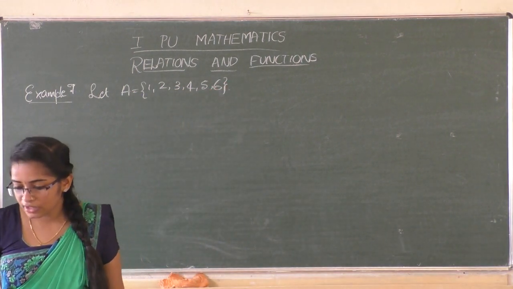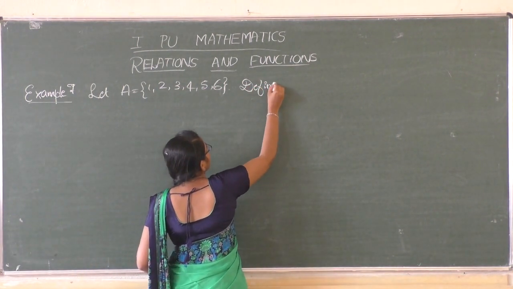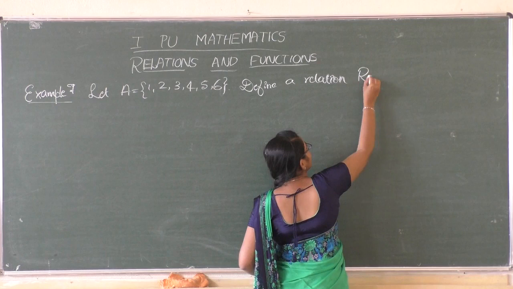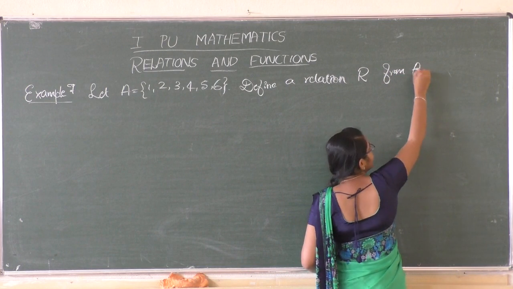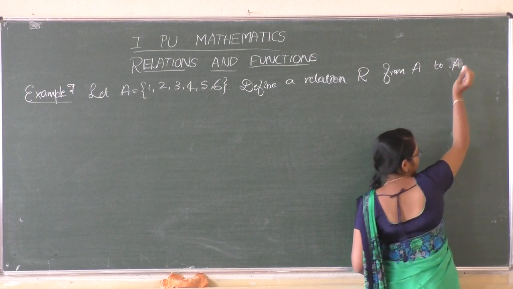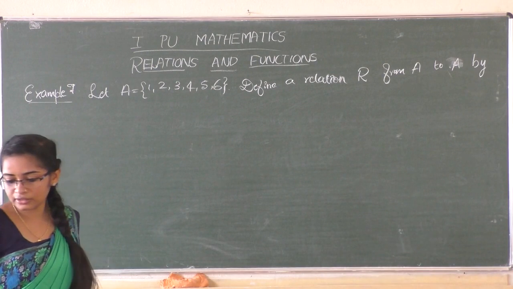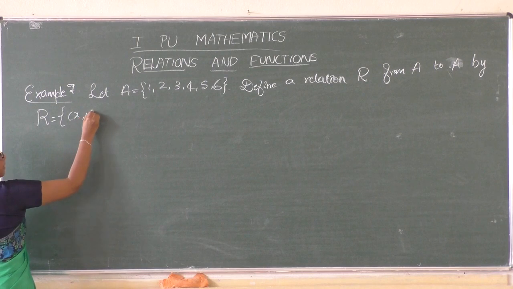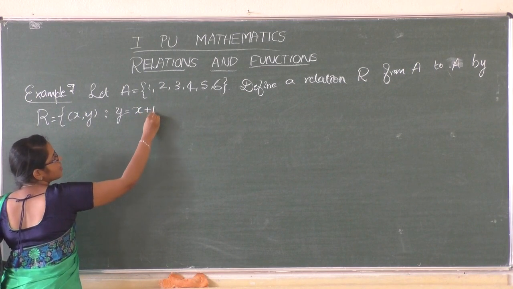What you need to do is define a relation R from the set A to the set A. How you need to define it is also given: R is given by the set of all ordered pairs (x, y) such that y is equal to x plus 1.